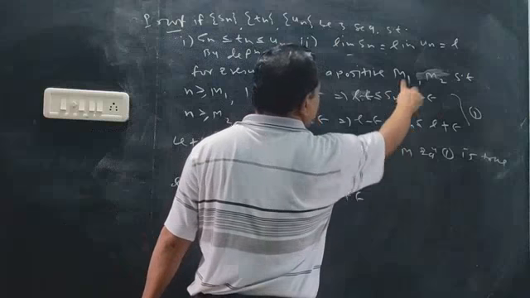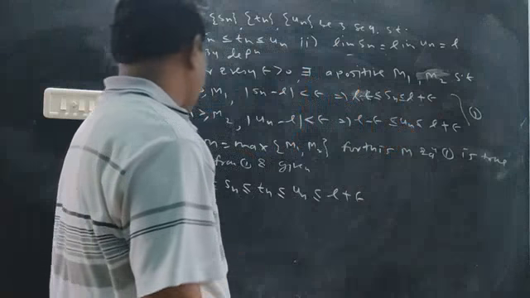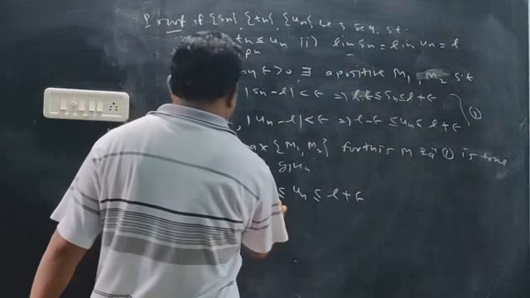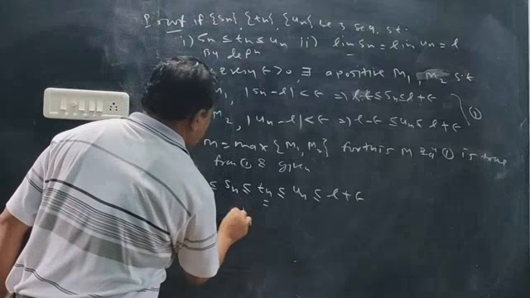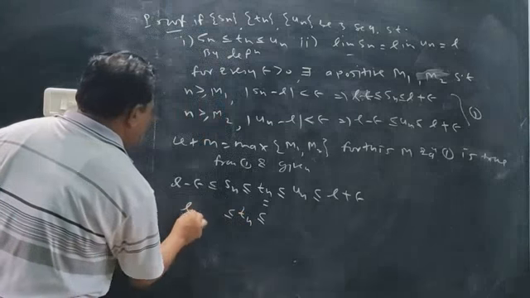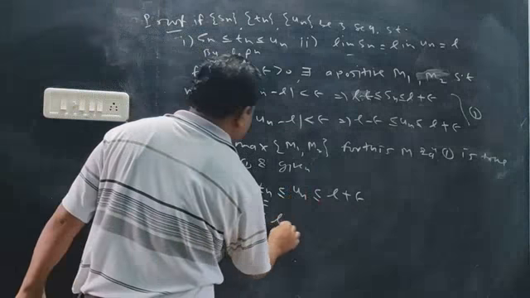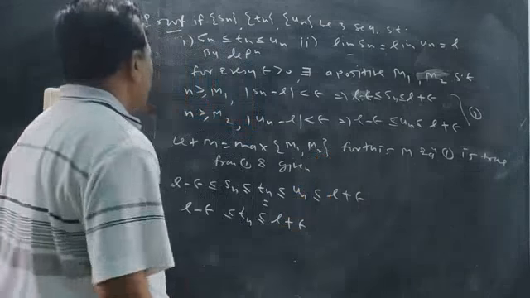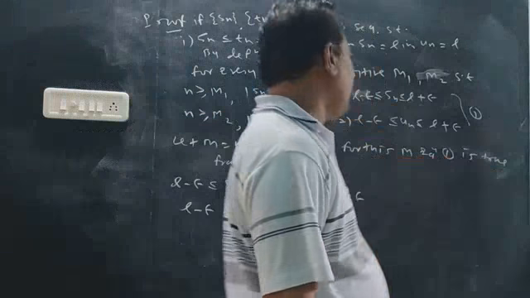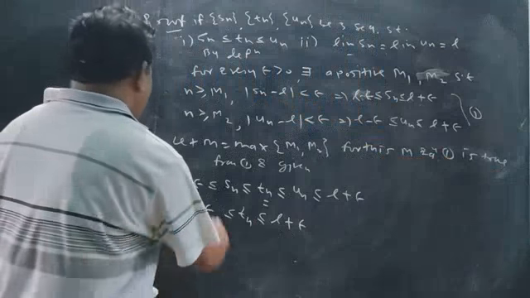So combine these two with what is given. I want proof for Tn only. So Tn will lie between L minus epsilon and L plus epsilon. For Sn and Un it is given, no problem. So only Tn lies between this.